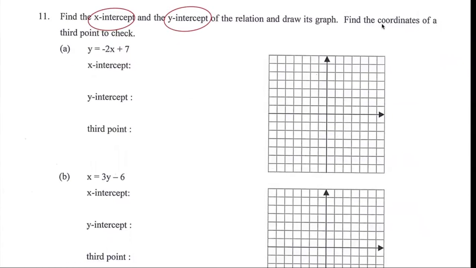Part A, y is equal to minus 2x plus 7. When you did this homework, we didn't learn slope intercept form yet, right? But now we have learned slope intercept form. I hope you can recognize that this form is the slope intercept form.